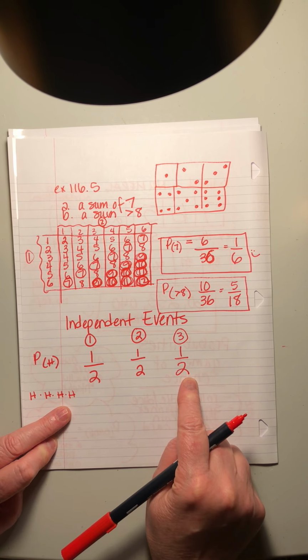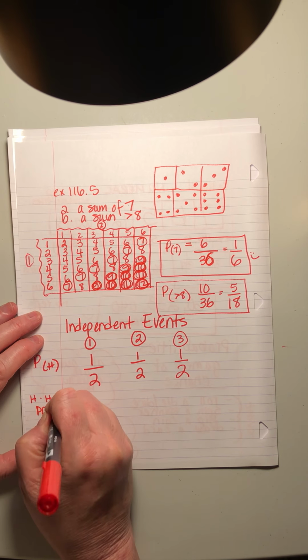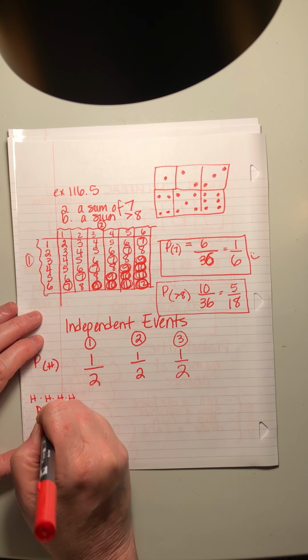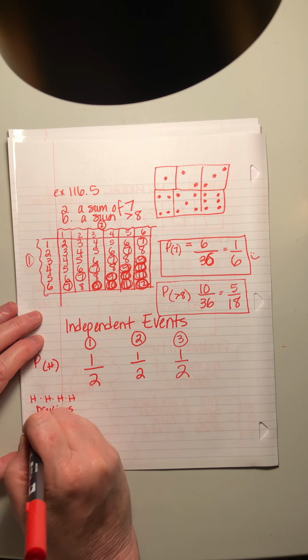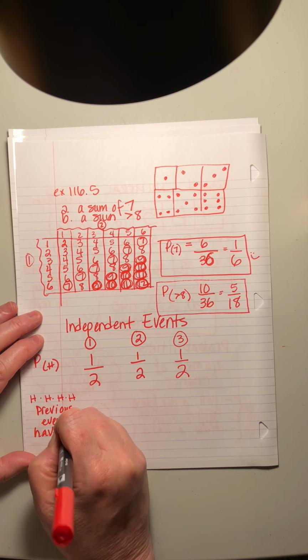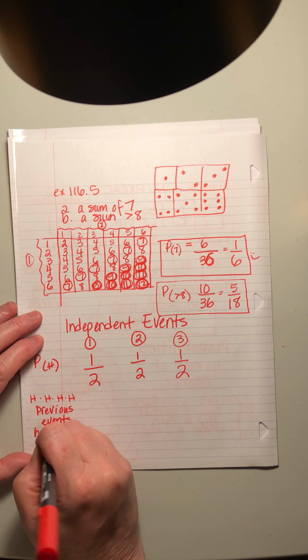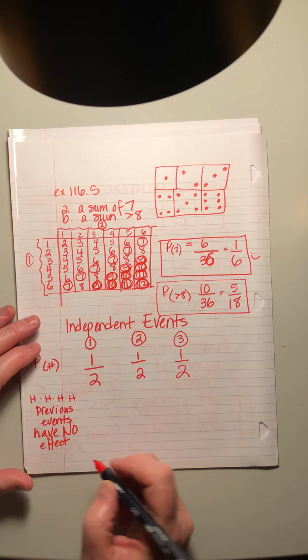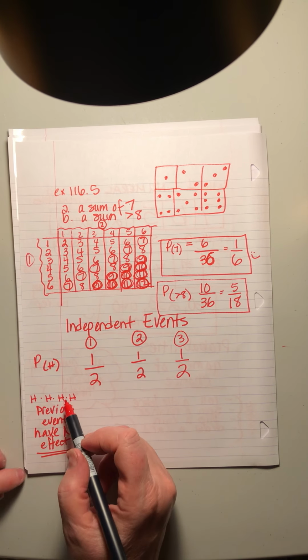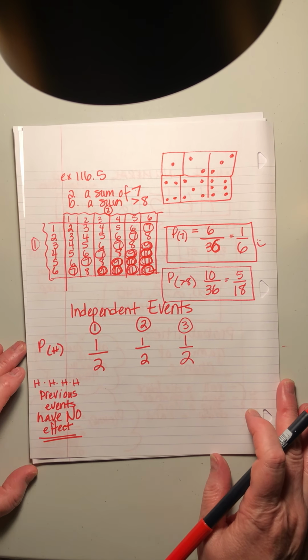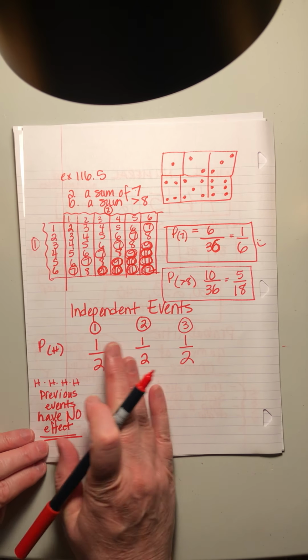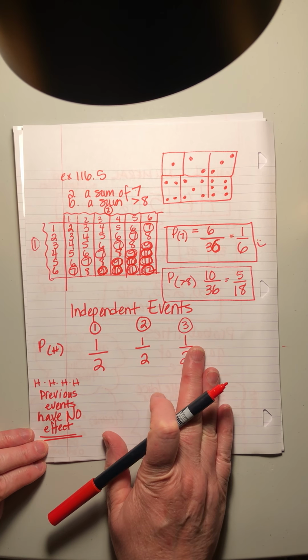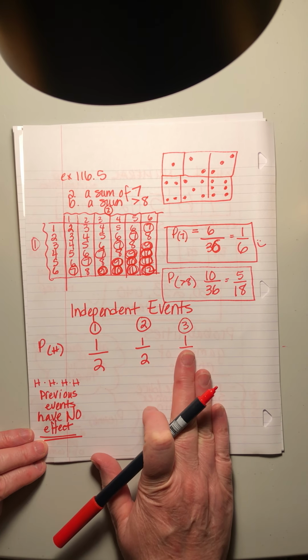No. Previous events have no effect. Okay? So it doesn't matter what's happened in the past. That doesn't change anything. Every single time we flip the coin, we have a 1 out of 2 chance.